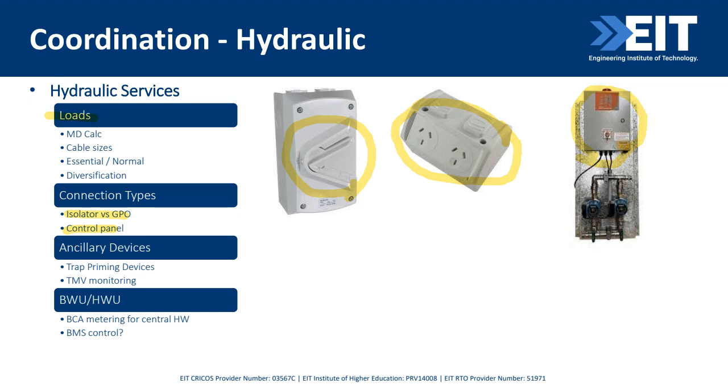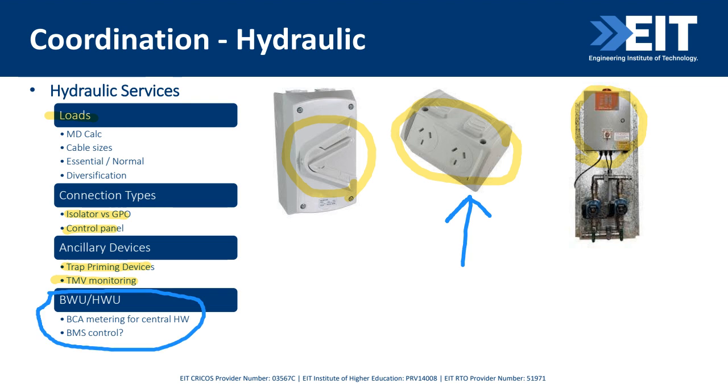Now they might also have other hydraulic equipment. There's a whole range, but things such as trap priming devices or TMV monitoring might need a power point. When it comes to hot water systems, maybe we need to provide a meter to monitor the load of that hot water system.